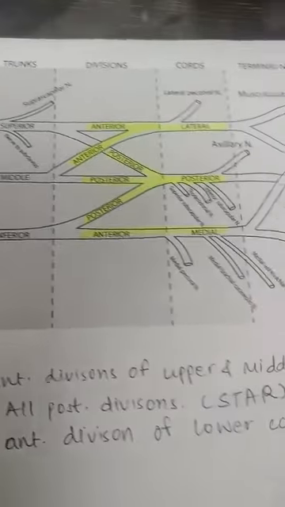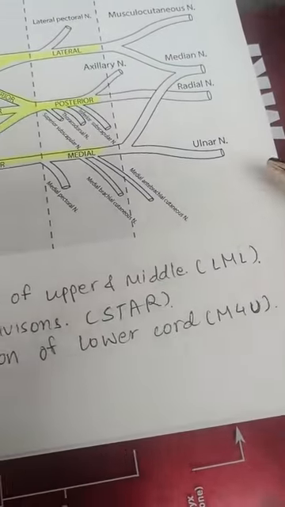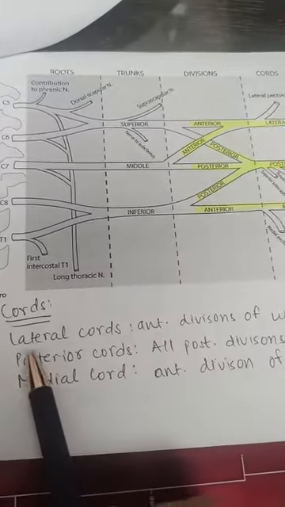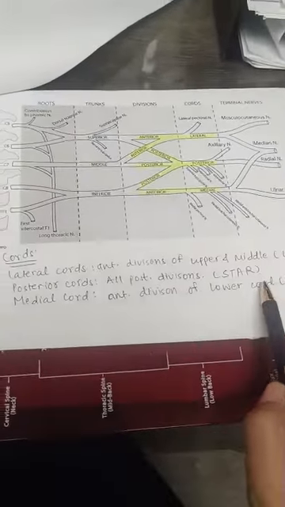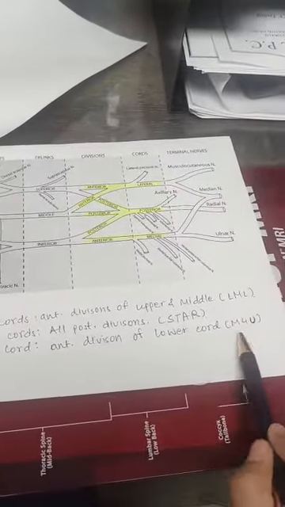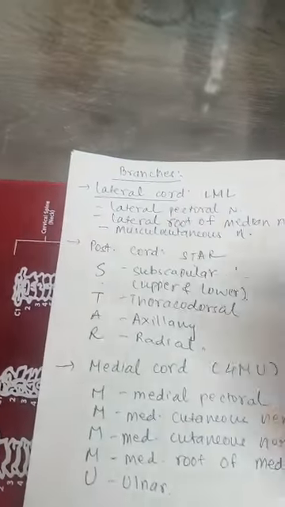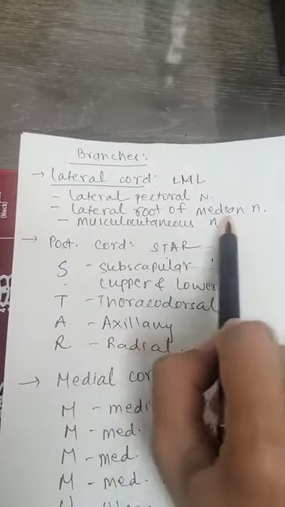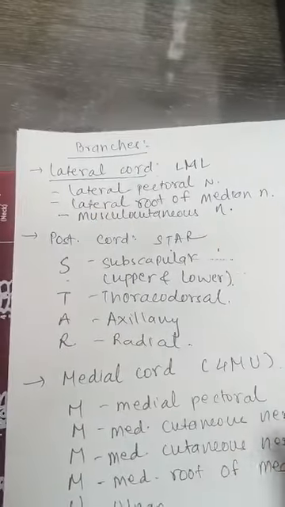And lastly, the nerves. To memorize them, for the lateral cord we remember LML, for the posterior cord we remember STAR, and for the medial cord we remember M for U, or 4MU. The lateral cord branches, LML, are the lateral pectoral nerve, lateral root of median nerve and musculocutaneous nerve.